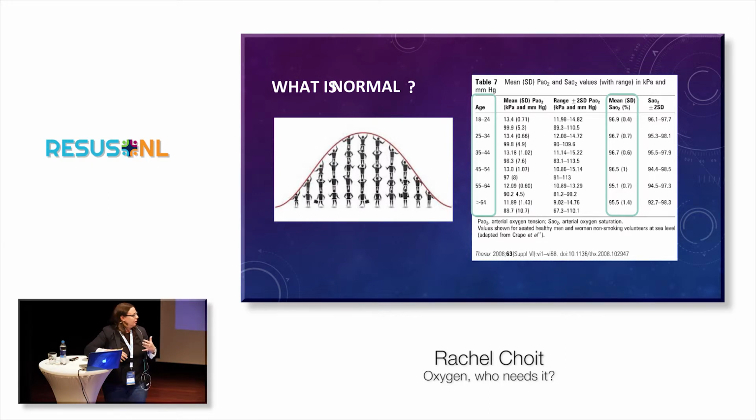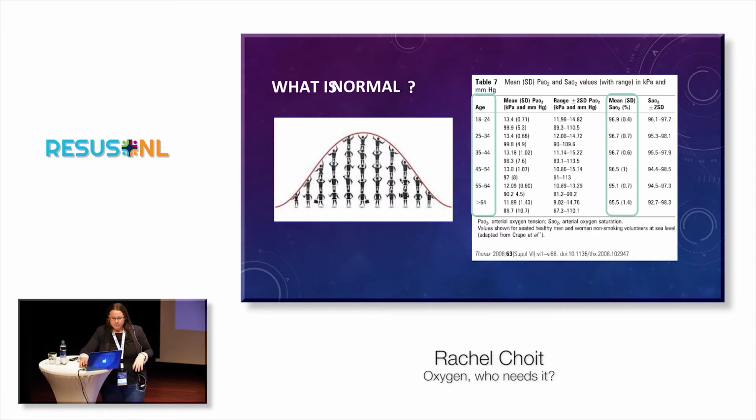And they basically split the patients into 5 groups based on what the PaO2 was at the first ABG during the arrest. I only know partial pressures in millimeters of mercury, so I apologize if you think in kilopascals.